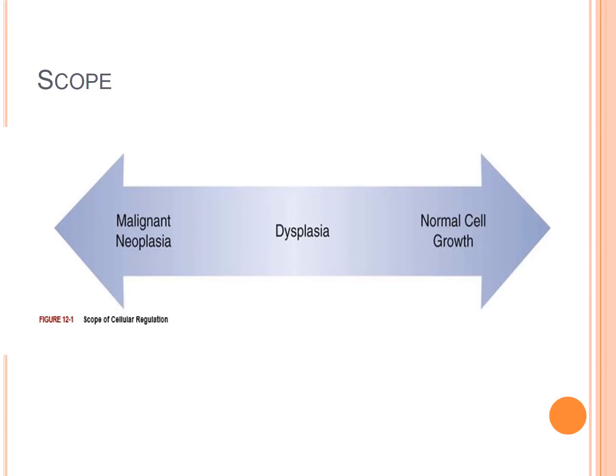Different causes of dysplasia could be stress on the body or big infections. Sometimes if that cause is removed, the dysplasia will be reversed. So dysplasia is reversible, but it is a precursor to malignant neoplasia.